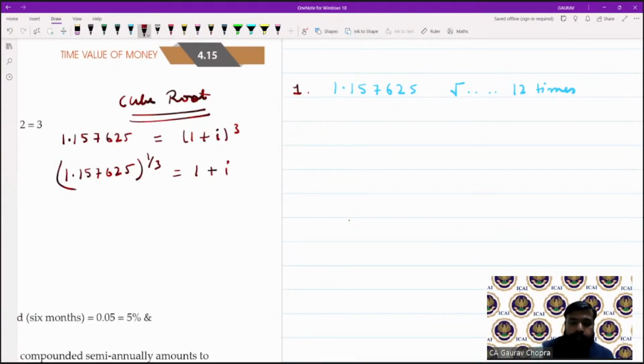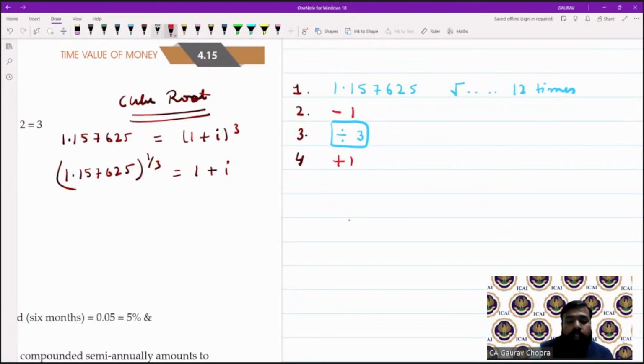This was the first step. Now the second step is minus 1. Subtract 1. Third step, since it is a cube root, you have to divide it by 3. Now the fourth step is add 1.